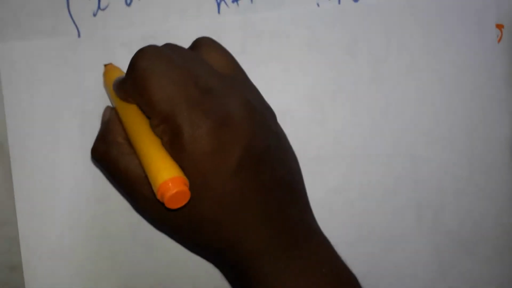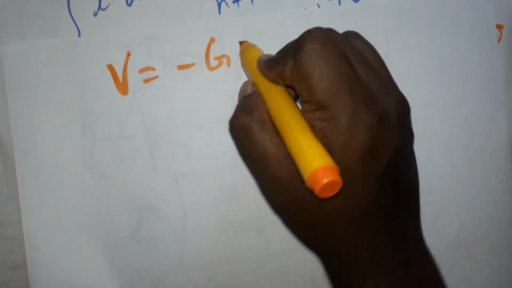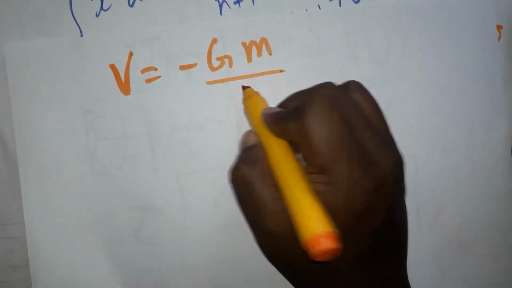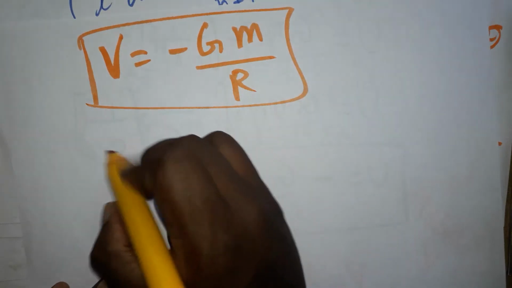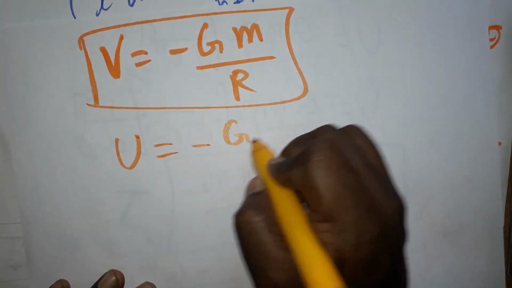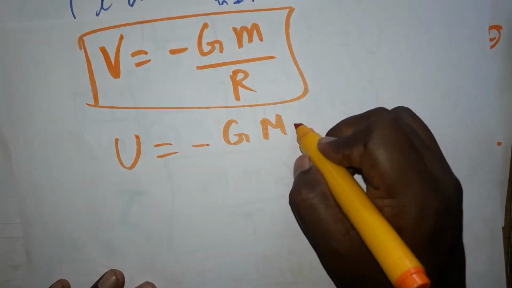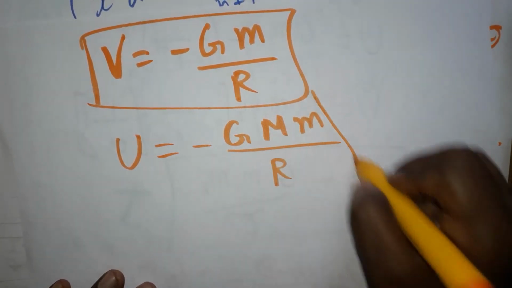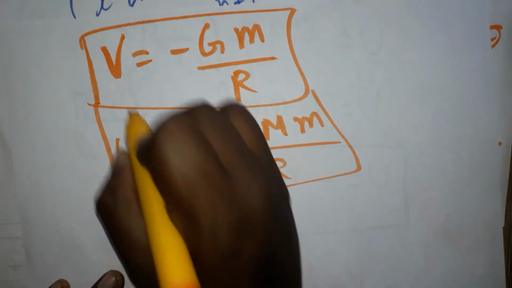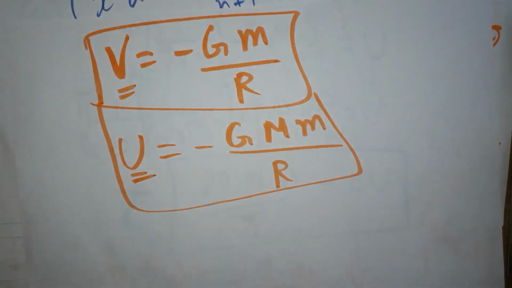So gravitational potential is equal to minus G m divided by r, where r is the radius of the earth. This is the potential, and the potential energy is minus G m1 m2 by r. The potential symbol we can take as V, and potential energy we can take as the symbol U.